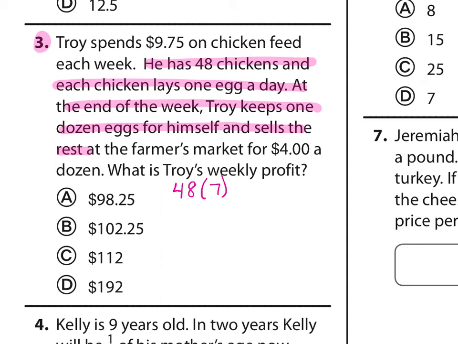And that will tell us how many eggs he has total in a week. But he keeps 1 dozen for himself. So let's subtract a dozen. So 48 times 7 is 336, minus 12 is 324 eggs. That's what he sells.